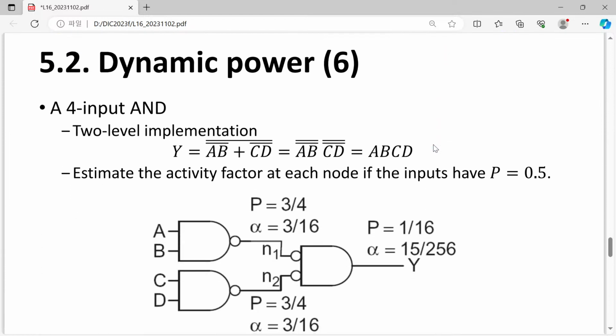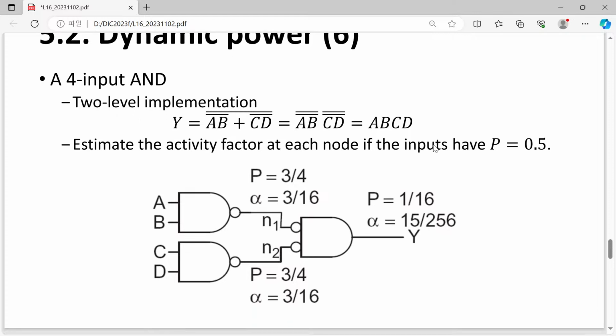So now let's consider once again a textbook example. Let's consider a 4-input AND. Of course, an AND is not that easy to implement directly with one single gate.